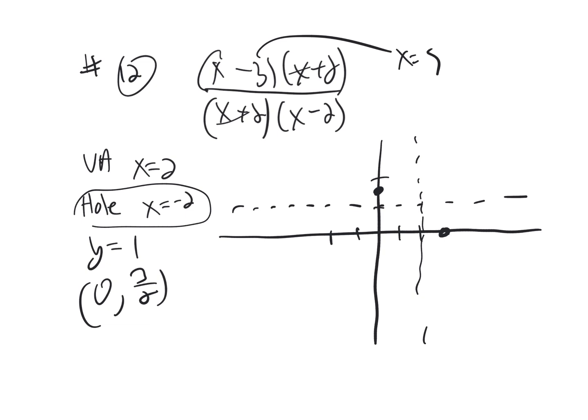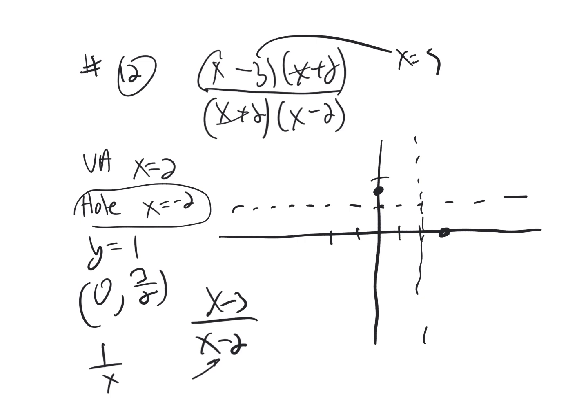Now, what does this graph look like? Well, because I know that this basically becomes x minus 3 over x minus 2, this is like the 1 over x function that's been shifted to the right 2. And then, of course, it's got something going on with the x-intercept, up or down or whatever.